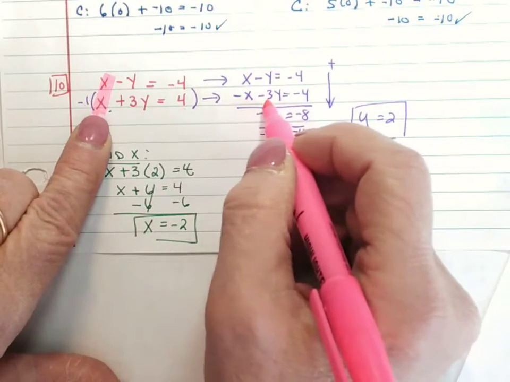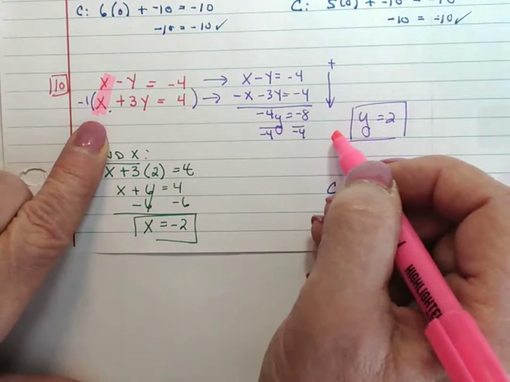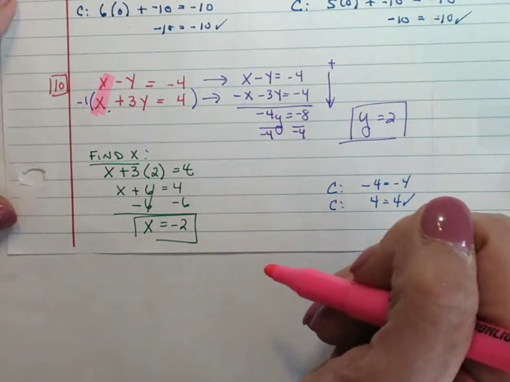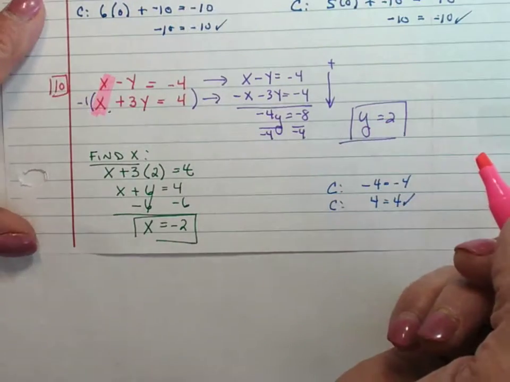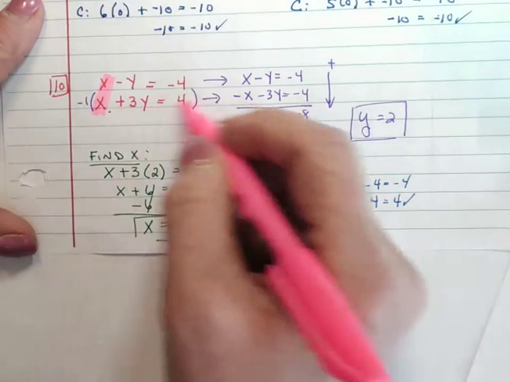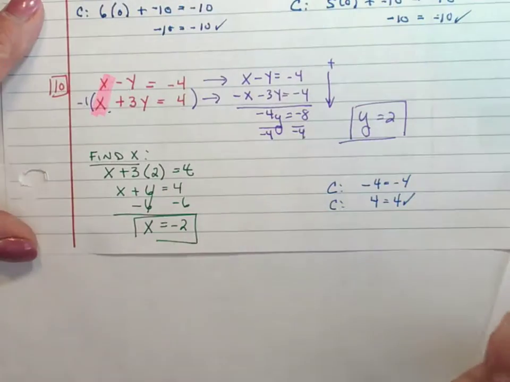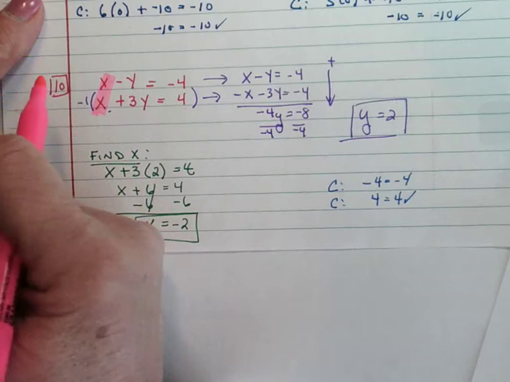So we have -x, -3y equals -4. We add down. We get y is equal to 2. We plug y equal 2 into either one of the equations. I used the second one because I thought it was easier. So I got x is equal to -2. And don't forget to do your check.